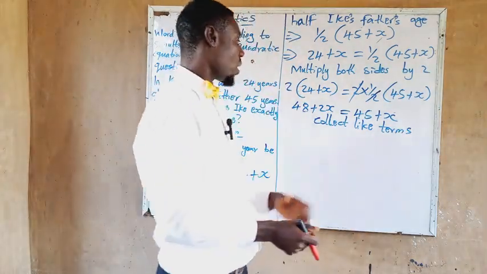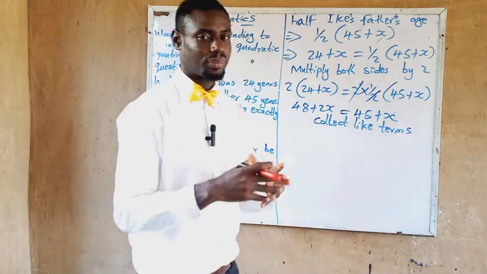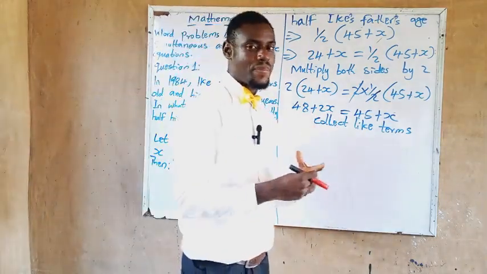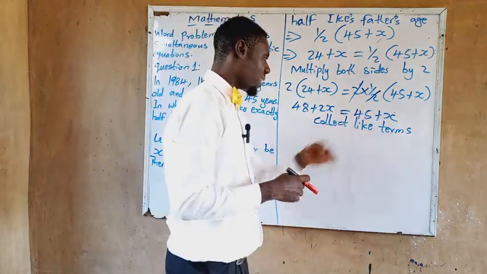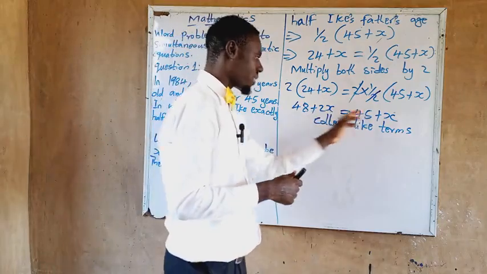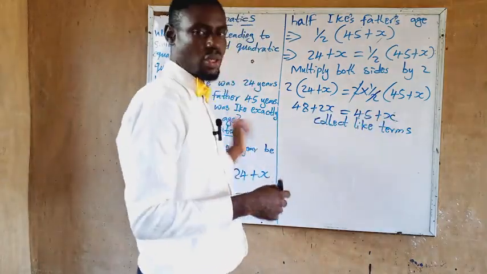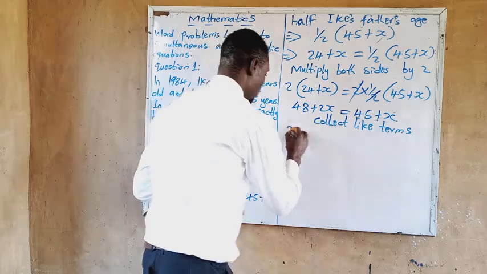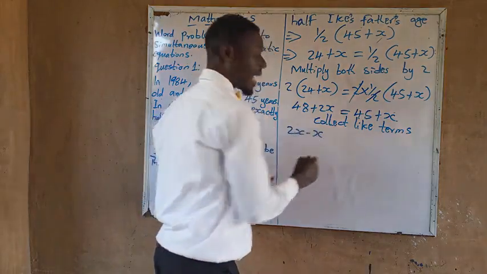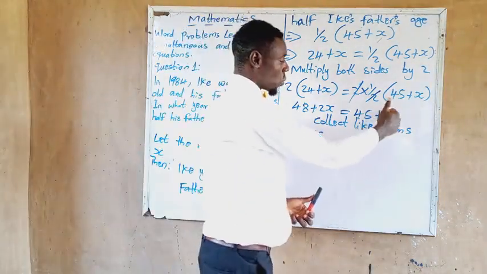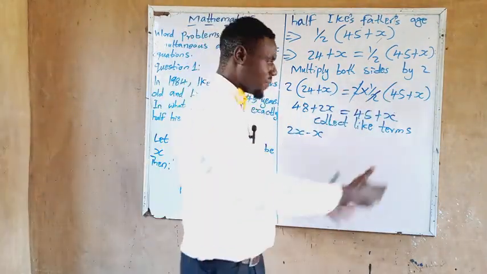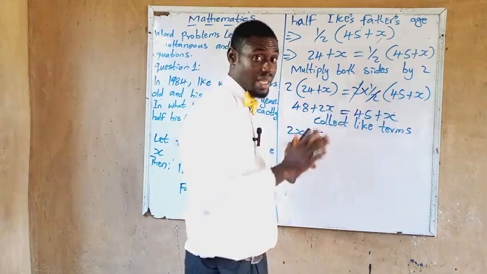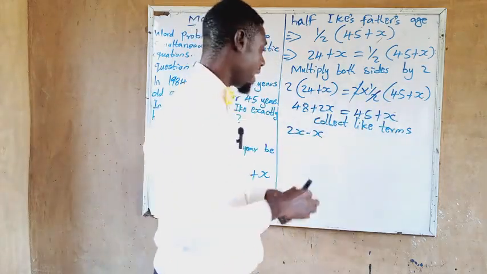Our aim is to see the age gap between the father and the son. By collecting like terms, this is 2x, this is 1x. Let the x come to one side. We have 2x minus x. If this x crosses to the other side, it will always change the sign.